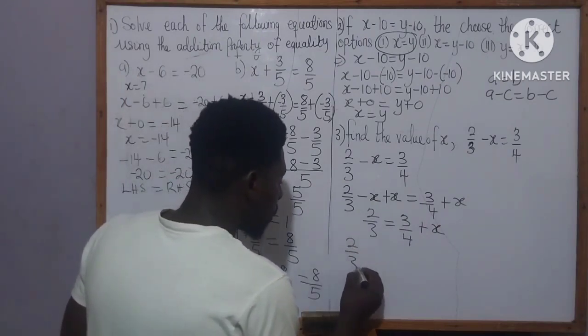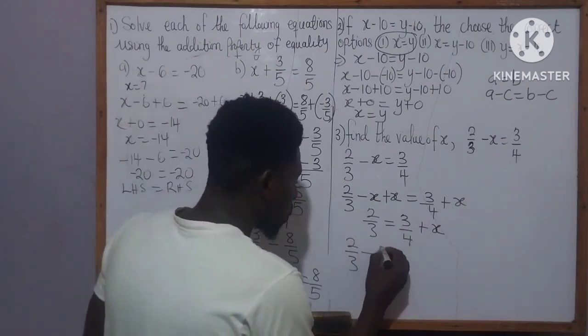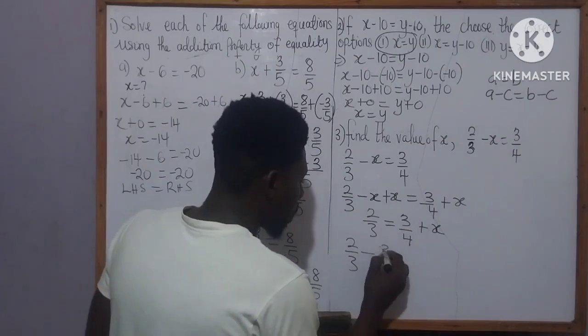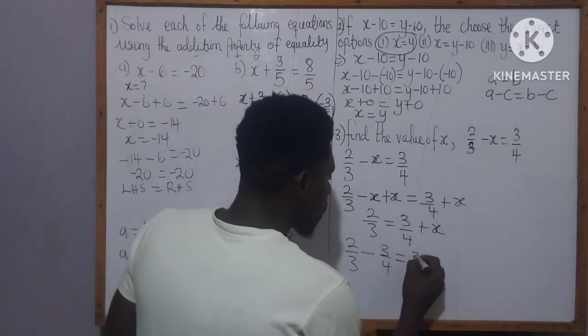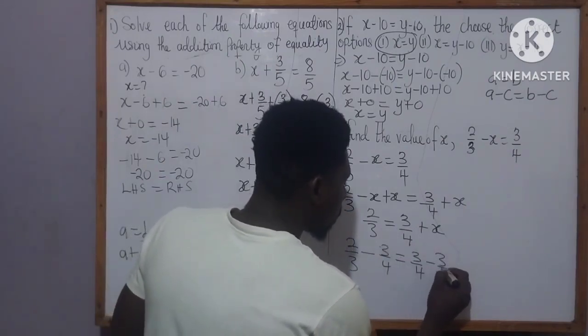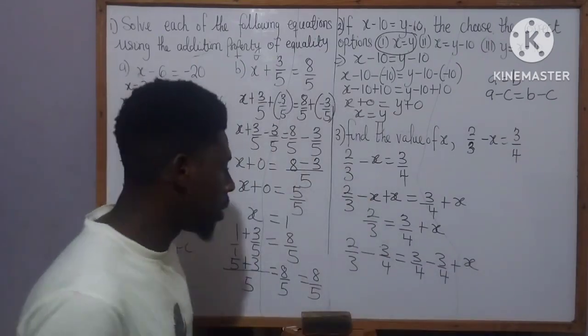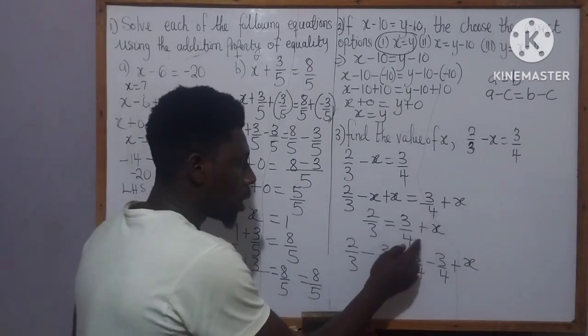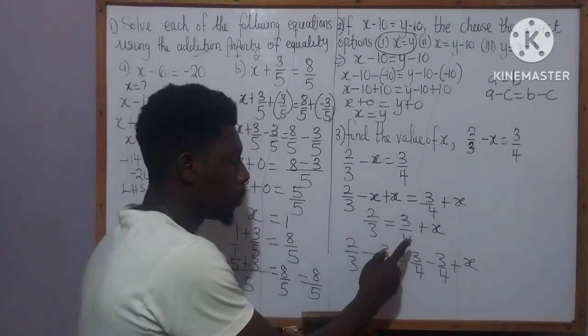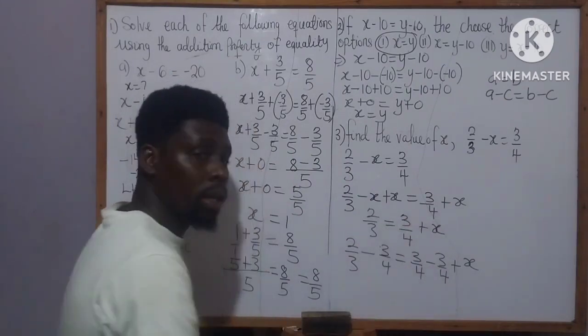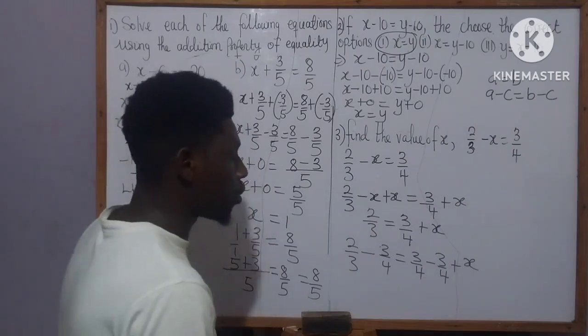So 2 over 3, so think of 3 over 4. 3 over 4 minus 3 over 4 plus x. I hope you are following. So for x to stand alone, I have to eliminate 3 over 4.